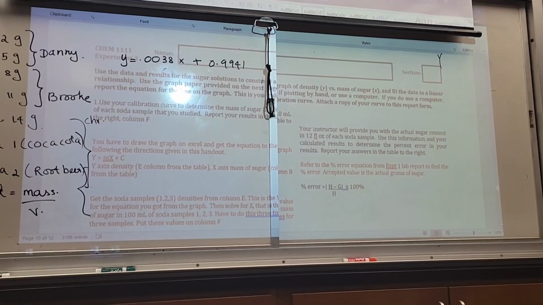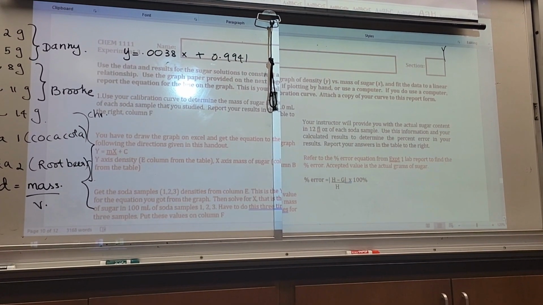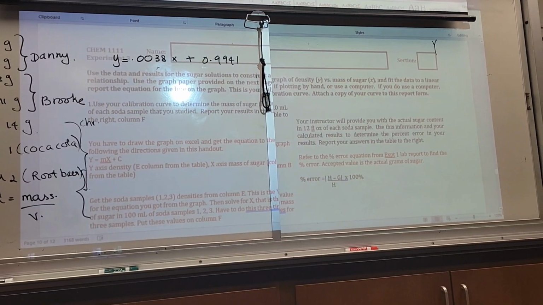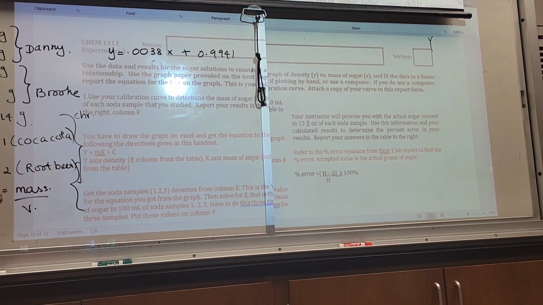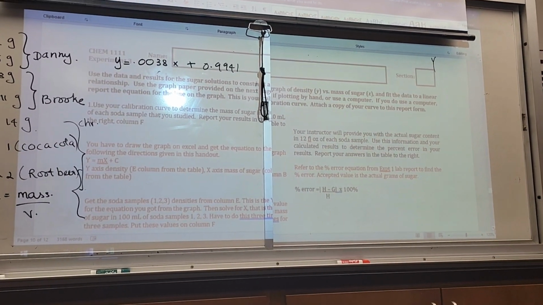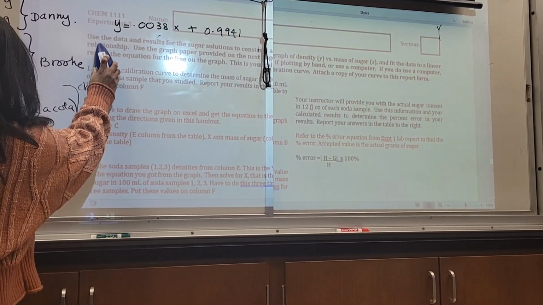We did that too. Use the graph paper provided. So you're not going to do it on the graph paper, just disregard that. We're all going to do it on the computer, on Excel. And then use your calibration curve to determine the mass of sugar in 100 milliliters of each soda sample that you have studied, and then report your results in the right column.